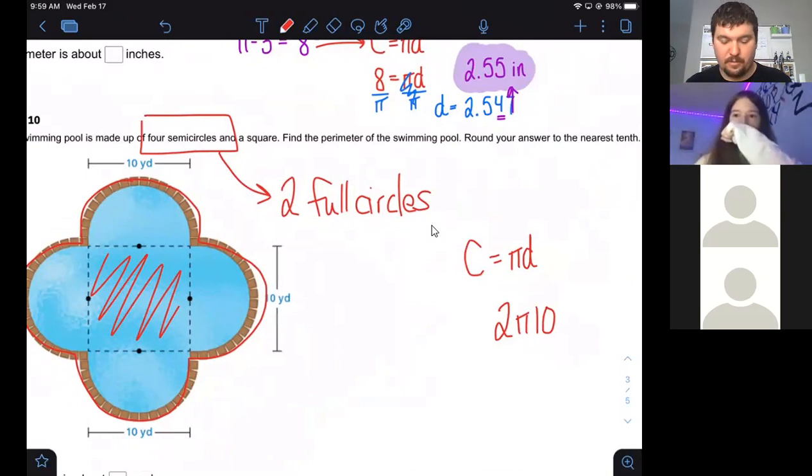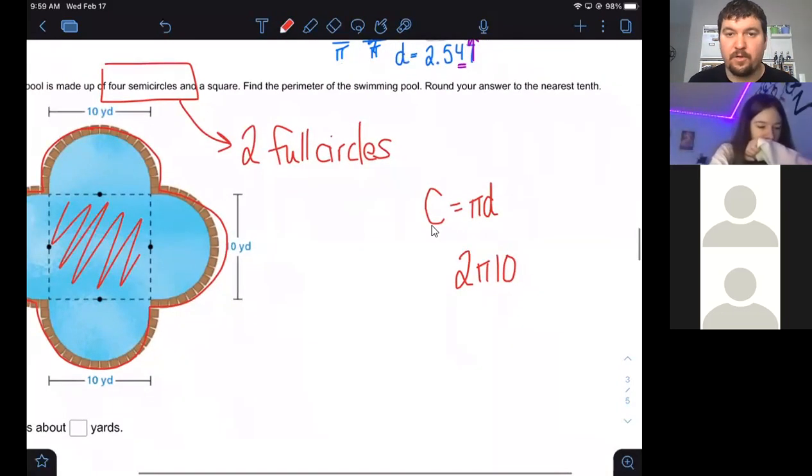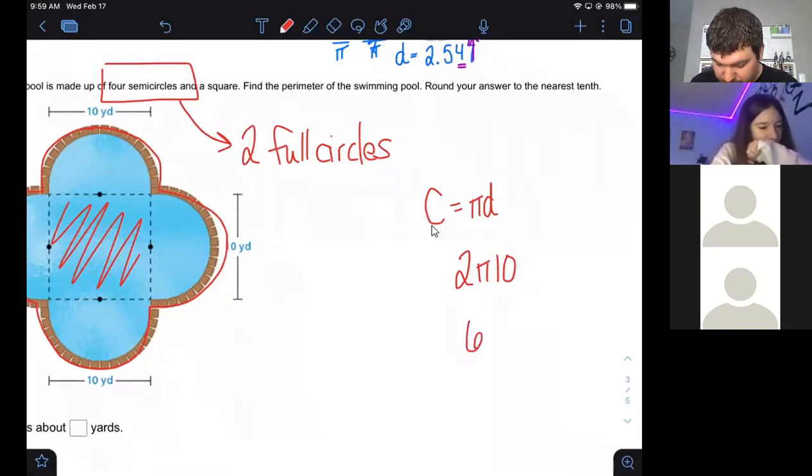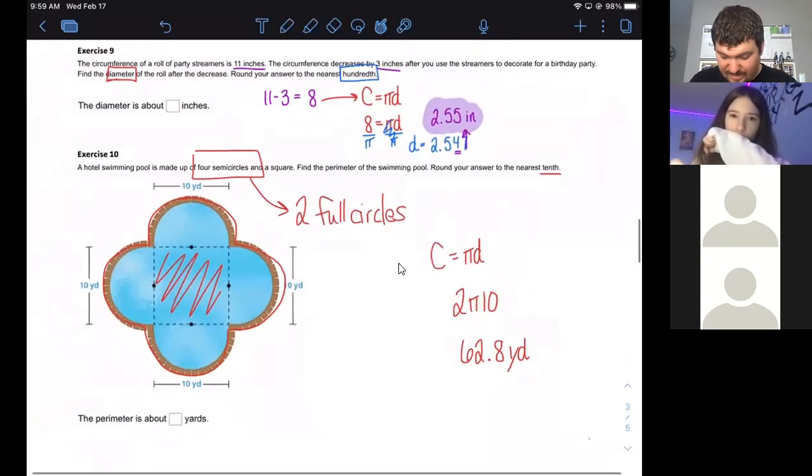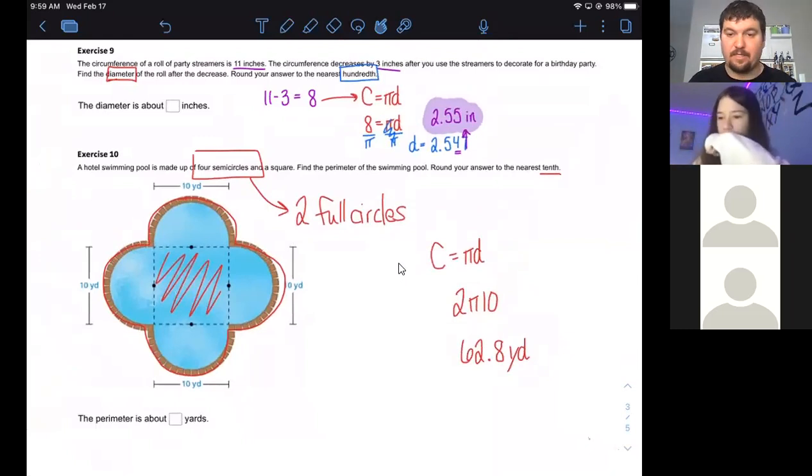There's 2 full circles. So 31.4 turns into 62.8 when I double it. 62.8, and that's going to be yards as my label. And it says round to the nearest 10th, which is 1 decimal place, and I only have 1, so that's it. So that's all 10 questions on this practice quiz.